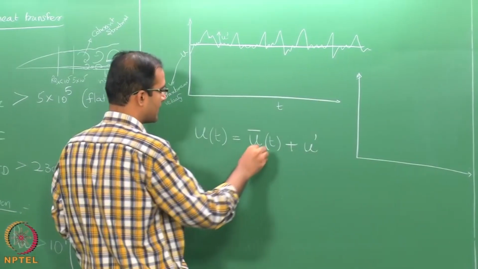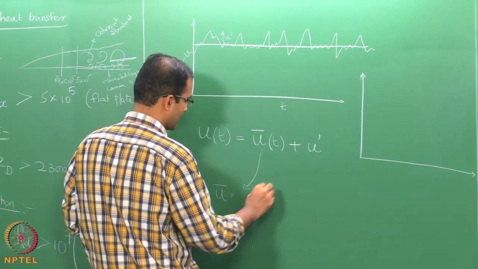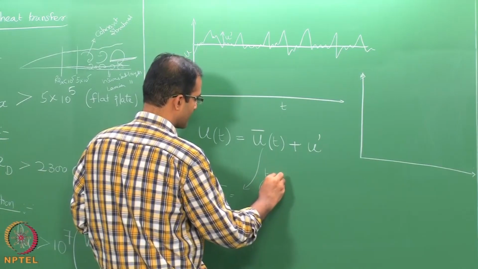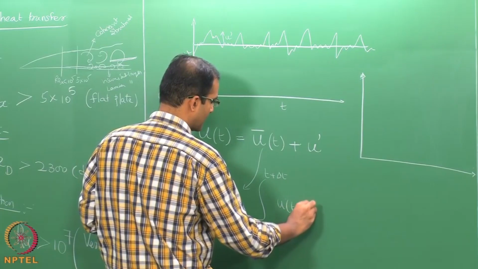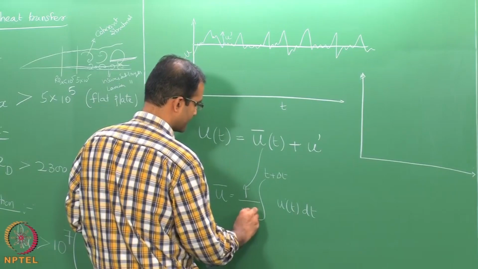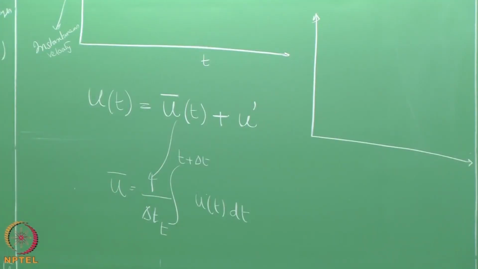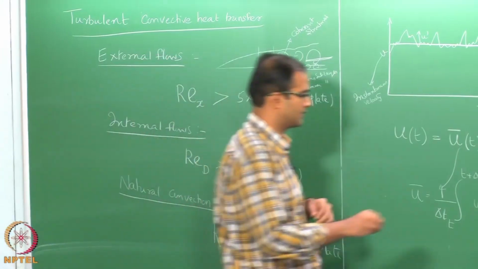So, when we say mean velocity here, how do we calculate it? This is nothing but 1 over delta t times the integral from t to t plus delta t of u of t dt. Okay. So, we can do some kind of an averaging. In this case, I have done what is called a time average. Okay.